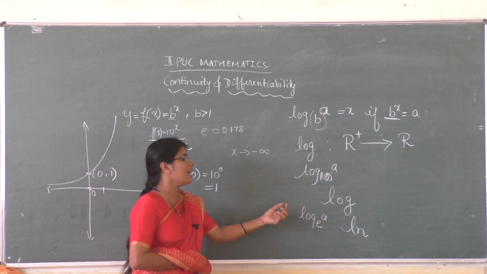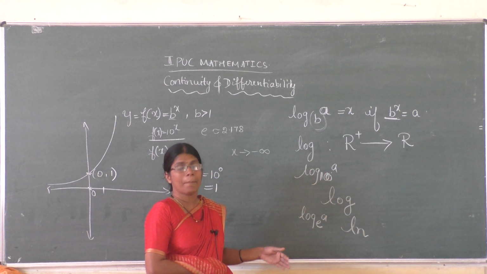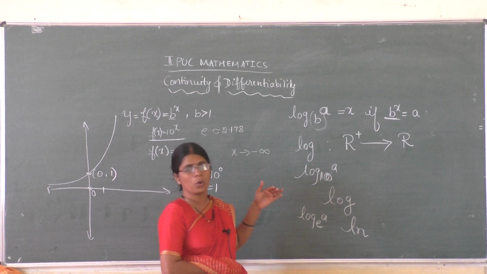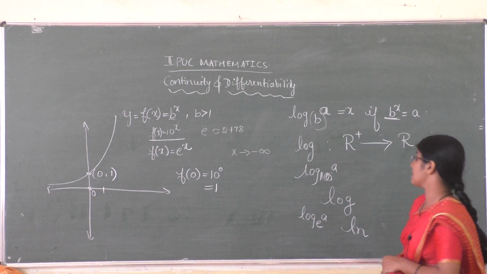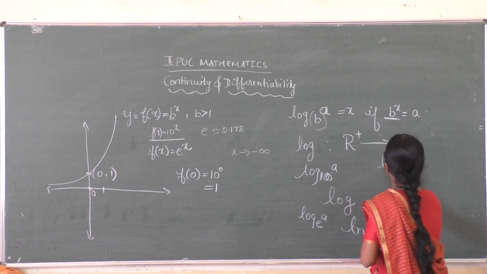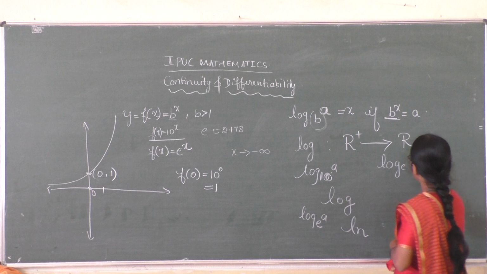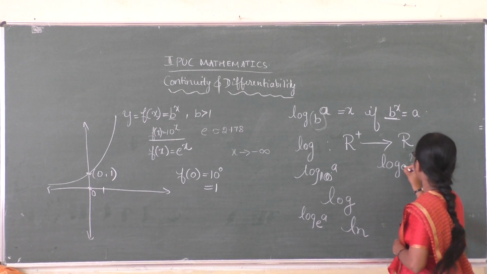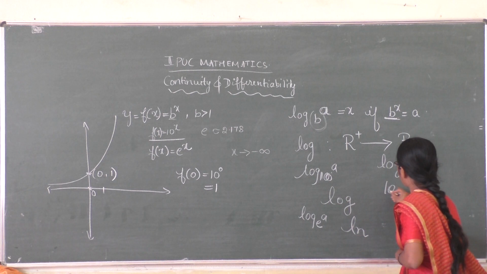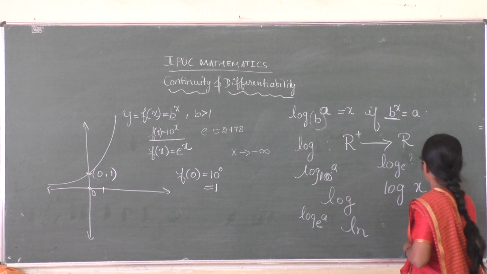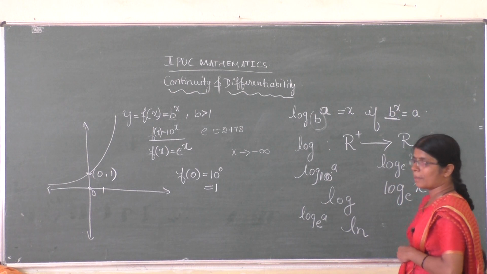This notation is for natural logarithm, but in this textbook, or in your second PUC mathematics subject, we represent log to the base e. Any term here, log x or log a or log b, means it is logarithm to the base e.